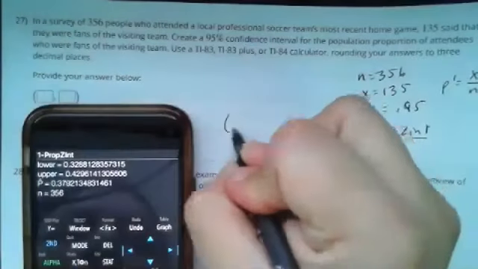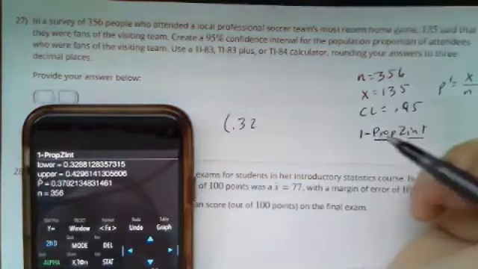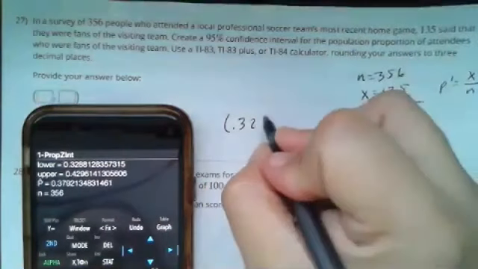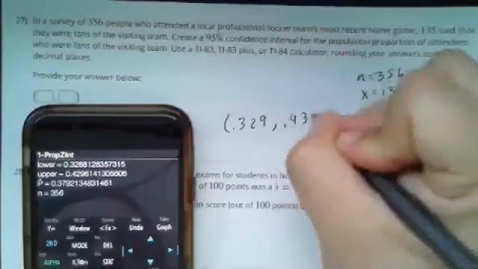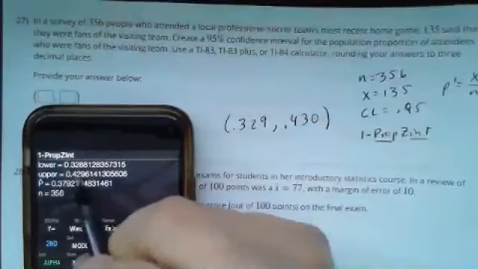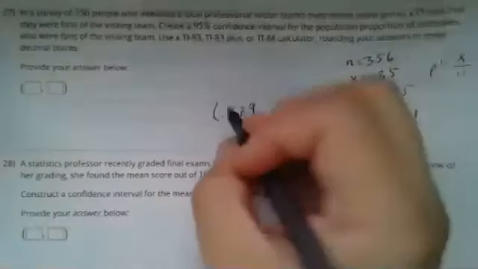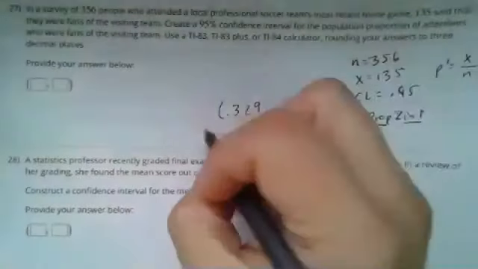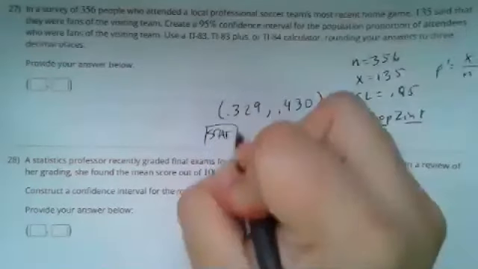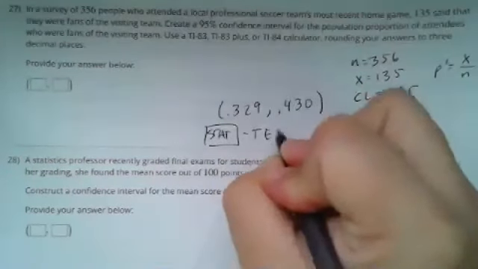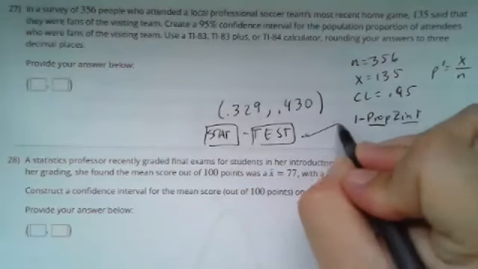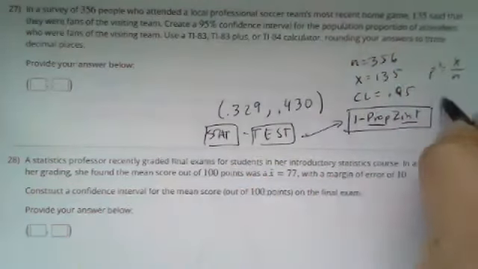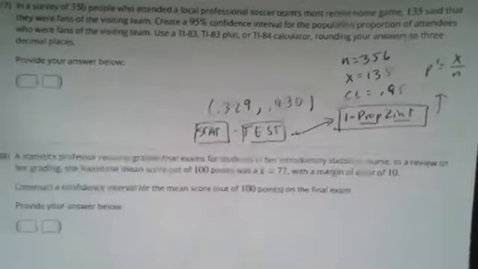Your lower bound is 0.329 and the upper is 0.430, because it rounds to 0.430. So it's stat, test, and then 1-PropZInt, you enter this info, and that's pretty much it.